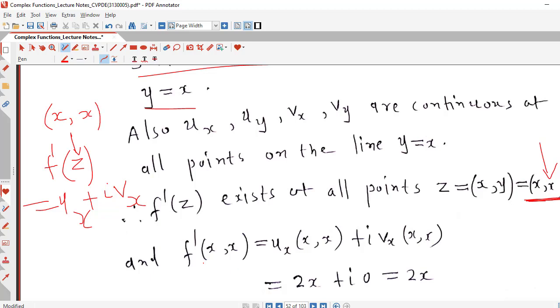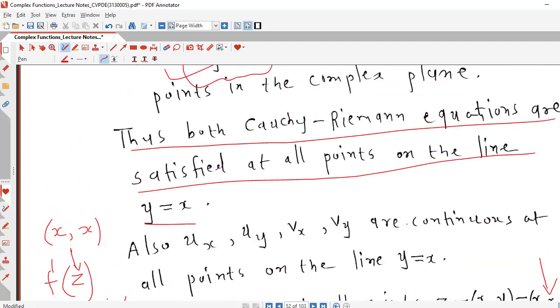So we will find the derivative of the function at these points only. The derivative does not exist at those points which are not on the line. So we find the value of del u by del x at ordered pair x, x plus i del v by del x at ordered pair x, x.